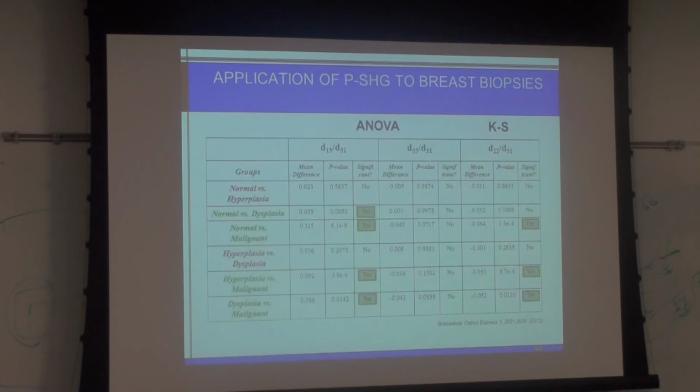And here, we did a study a few years ago using those parameters, and we got some promising results that suggested that we can do some level of differentiation between some of those pathologies based on changes in those numbers. Okay, and again, I'll talk to you offline about what the limitations of that are.